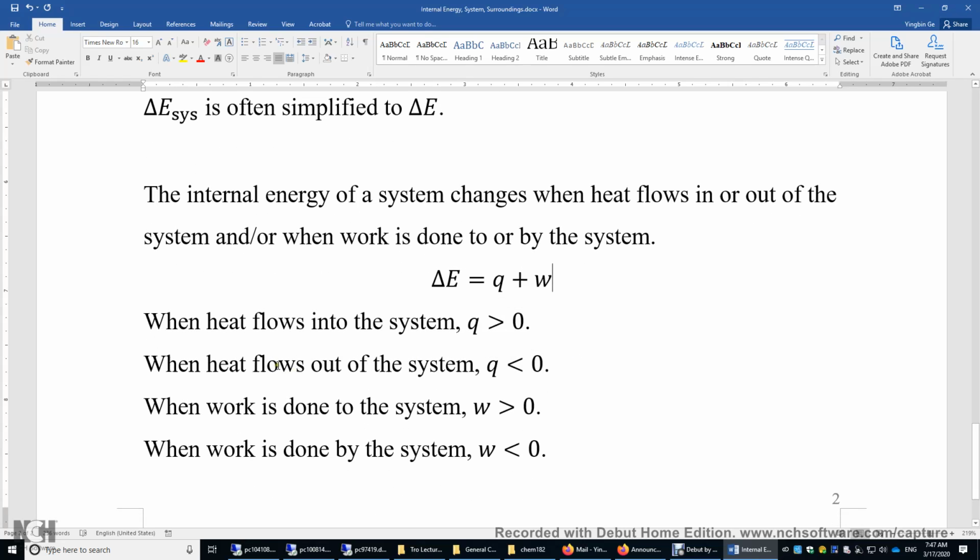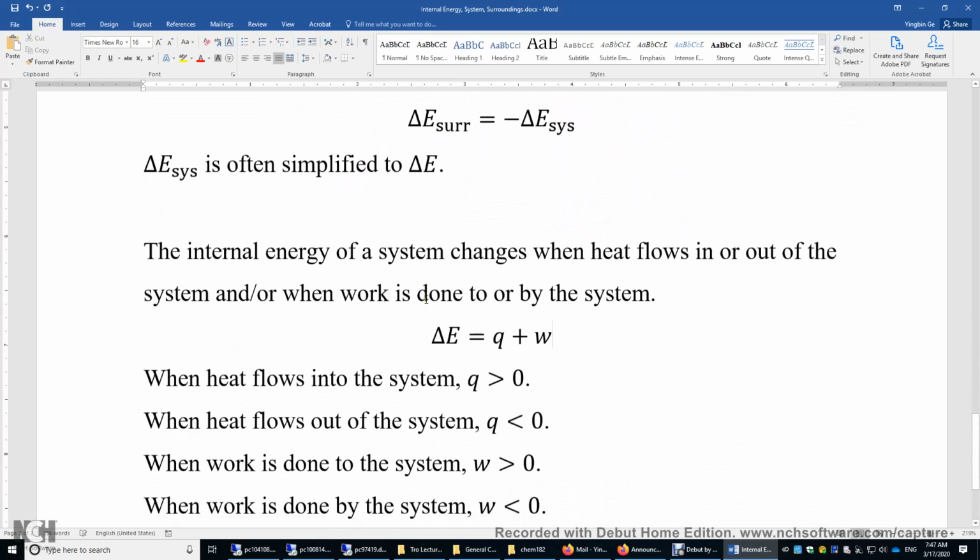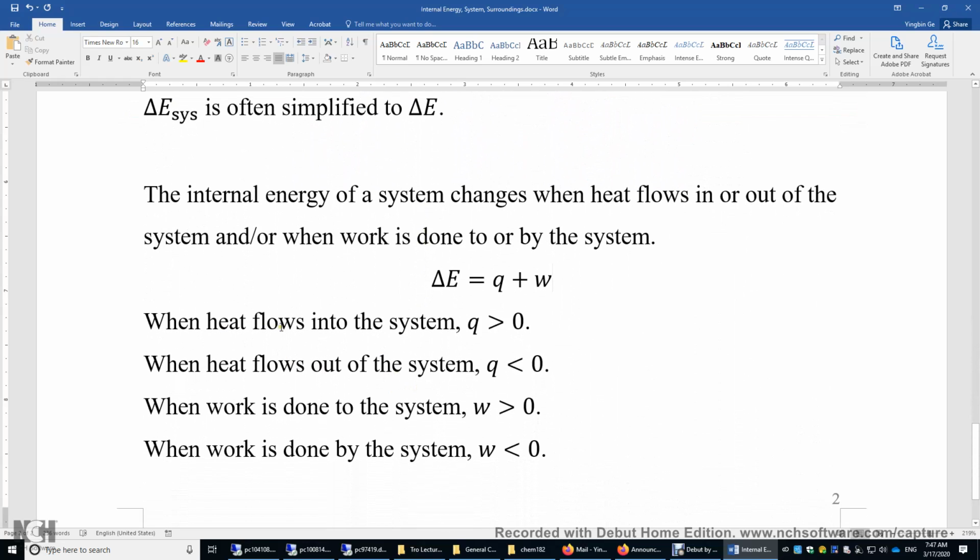In summary, when heat flows into the system, Q is greater than 0. When heat flows out of the system, Q is less than 0. When work is done to the system, work is positive. When work is done by the system, work is negative. And actually, by looking at the relationship between the system and the surroundings, we can tell this. When heat flows into the system, Q is positive, and then Q of surroundings is negative.